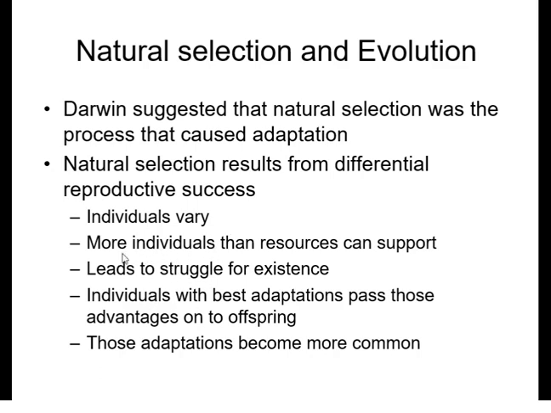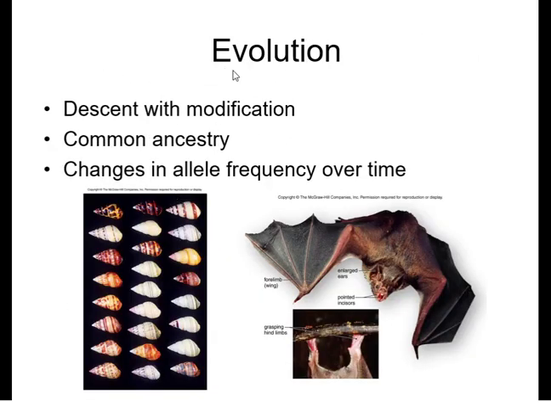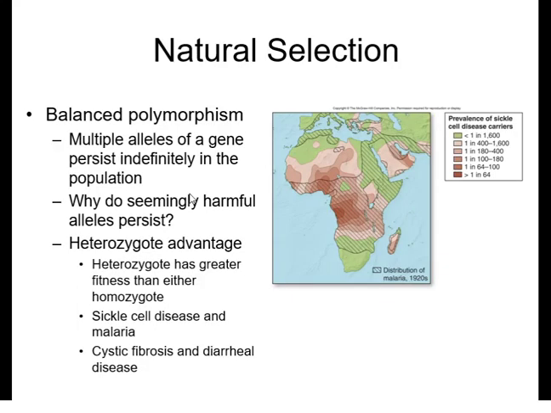And then in that struggle to survive, those that have the alleles that give them the phenotypes that allow them to survive have the advantage to pass those on to the next generation. And over time, you get a shift or change in allele frequency because those alleles become more common in the environment. Now, natural selection is a strong driving force, but as we mentioned, it is not synonymous with evolution, right? Because there are many other ways that evolution can occur. So these first 3 questions really just focus on natural selection, and then the others look at a lot of the other principles of evolution.